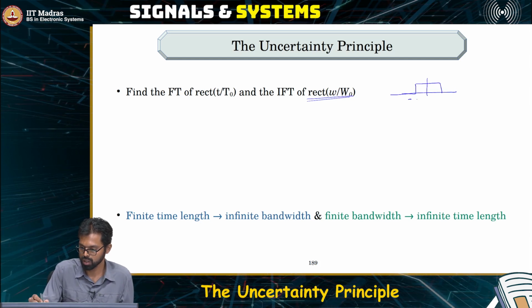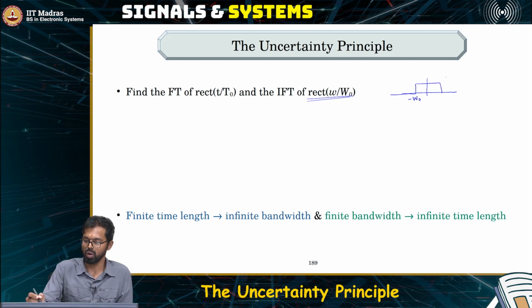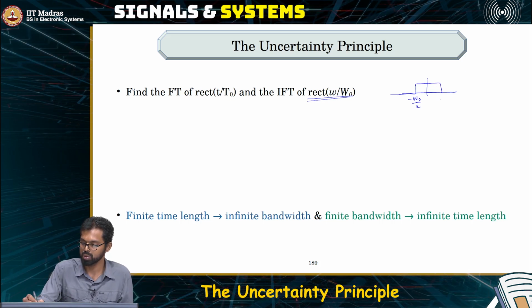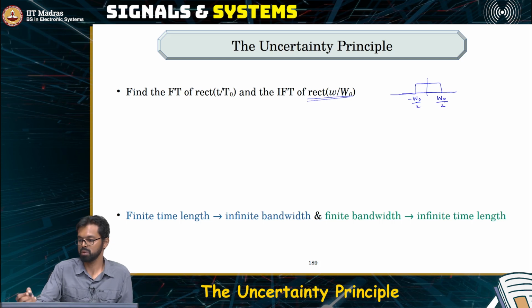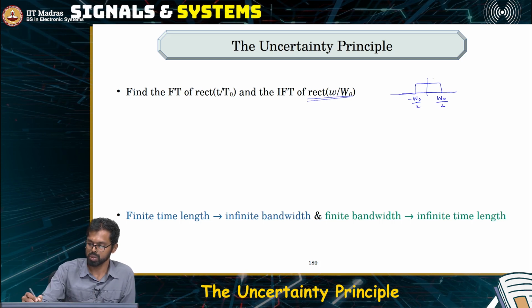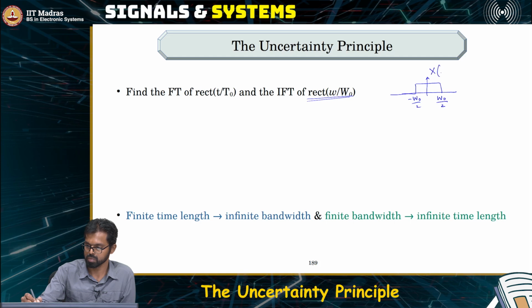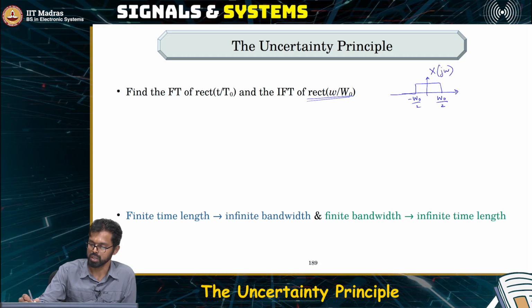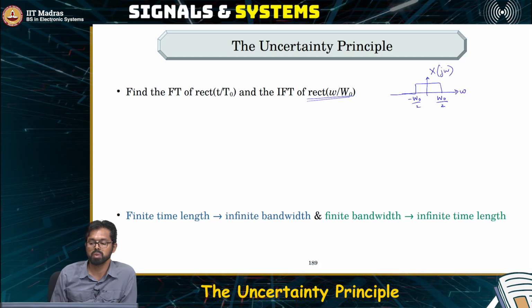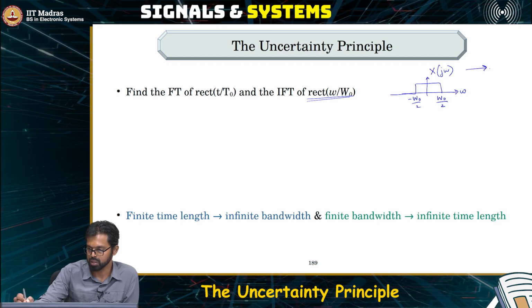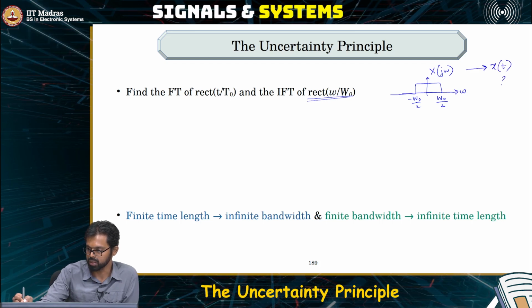It is minus omega naught by 2 to plus omega naught by 2. So this is the spectrum of some signal. If this is the spectrum of some signal, what is the corresponding time domain signal?